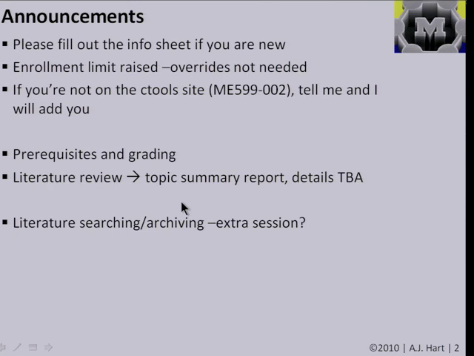And then there's one final topic that I'm interested and willing to address if we have time, and that's the process that I use for searching literature and using things like literature databases and RSS feeds and reference archiving software. But I don't think we have time to talk about that in lecture. So if you're interested in this topic, and if your schedule fits, would you be willing to come for an extra half hour and I can talk about that?